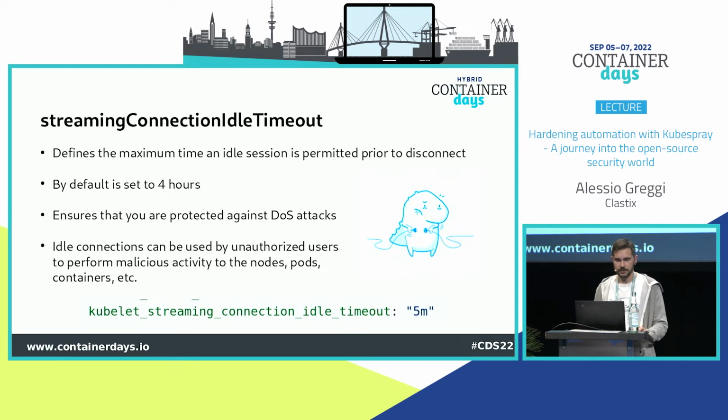So managing this parameter was essential to achieve the CIS benchmark. So what we have done was to provide a variable that allows you to decrease the time, so the attacker is not allowed to do anything in your cluster essentially.